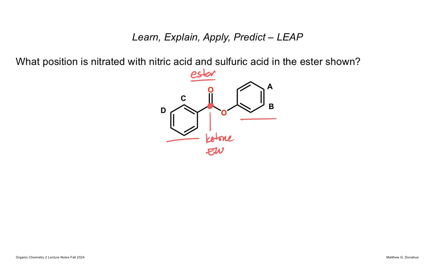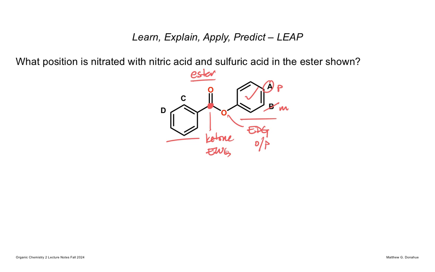That's electron withdrawing. Then we have this oxygen, which is electron donating. And so this ring will win. It's an ortho-para director. B is at a meta position, A is at para, so it's going to substitute here.